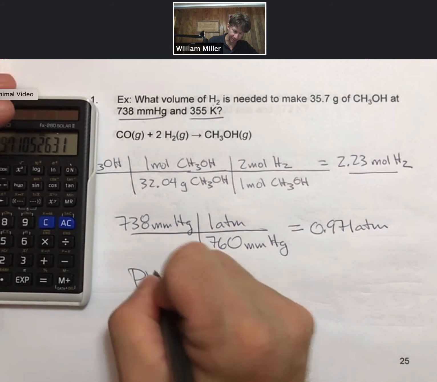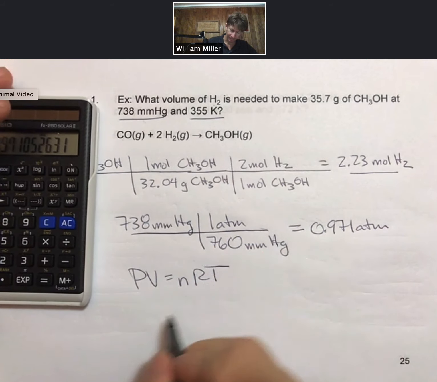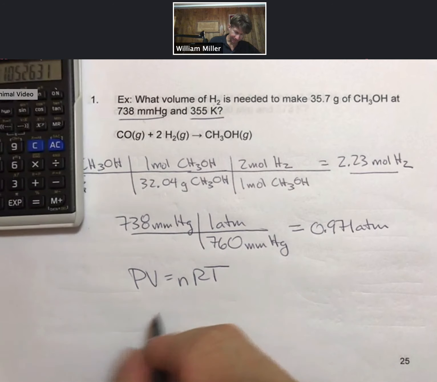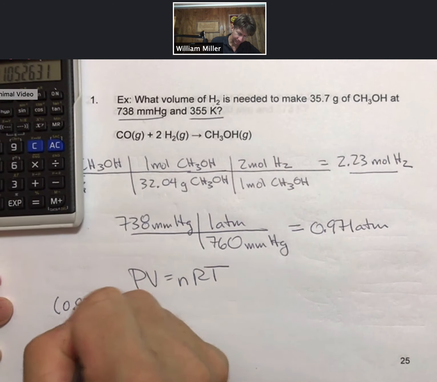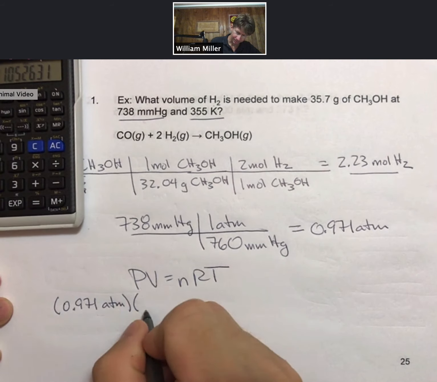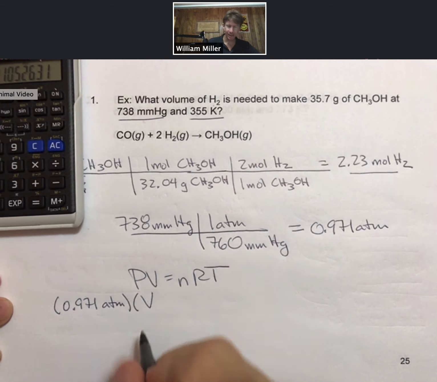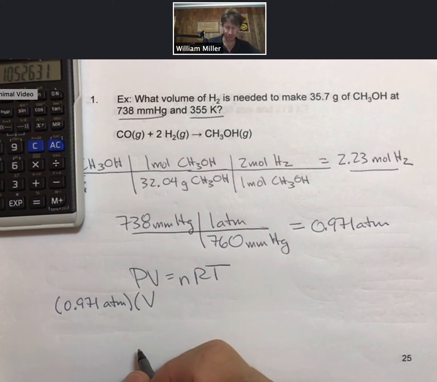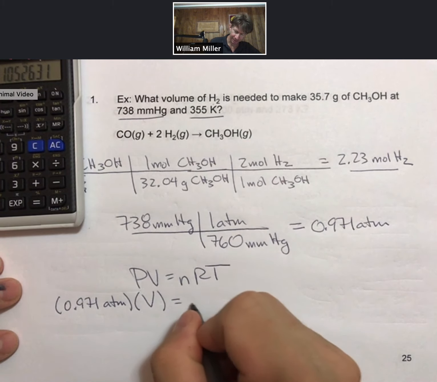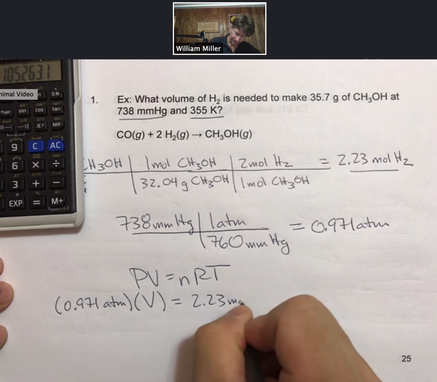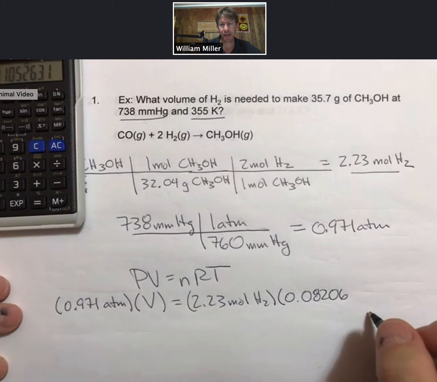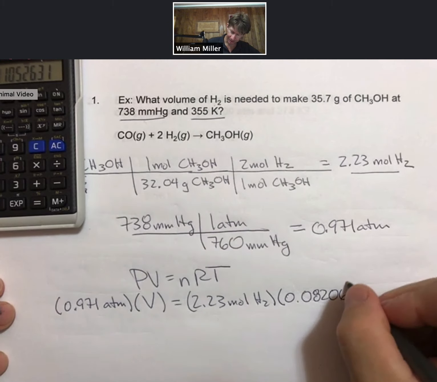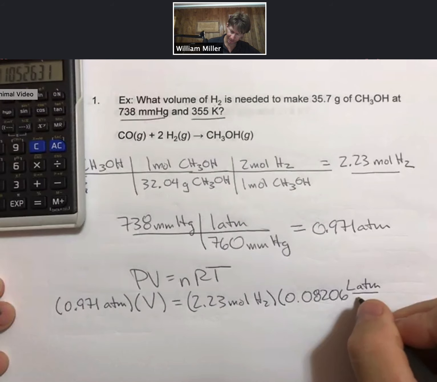Then PV equals nRT. Plug everything in. I was looking for my volume, but that's what we're solving for. Always helps to reread the question. I have my moles. I always write out my ideal gas constant, liter atmospheres per mole Kelvin.